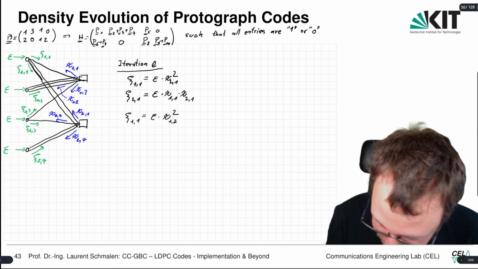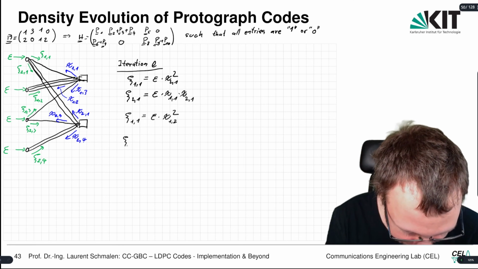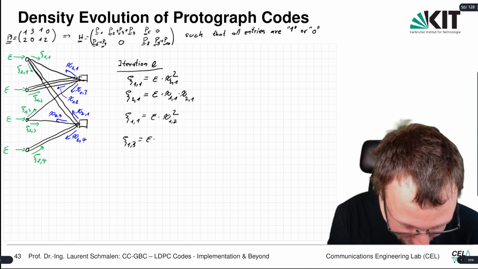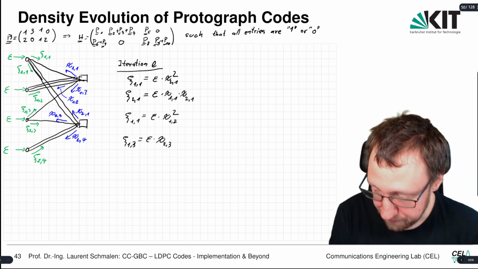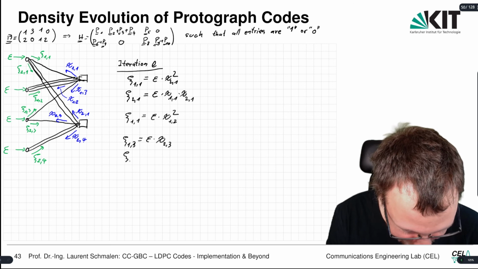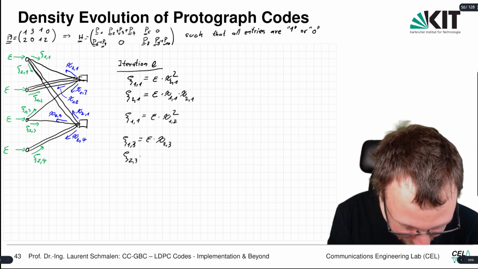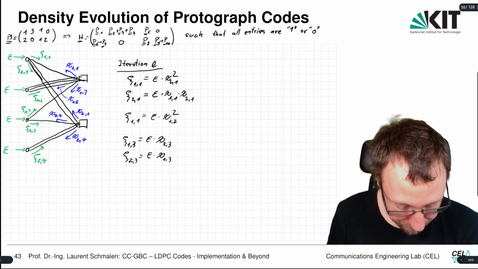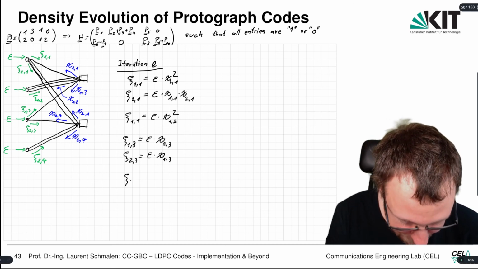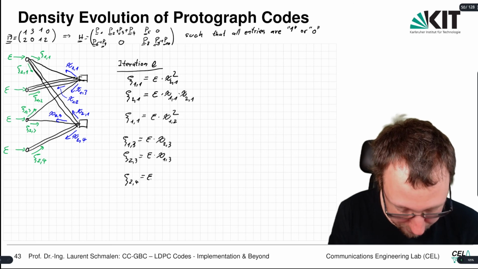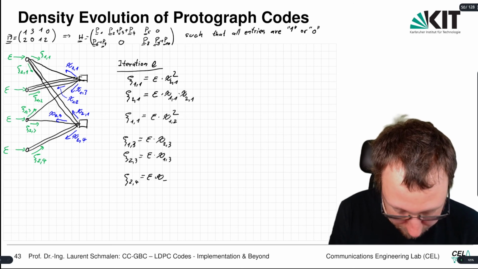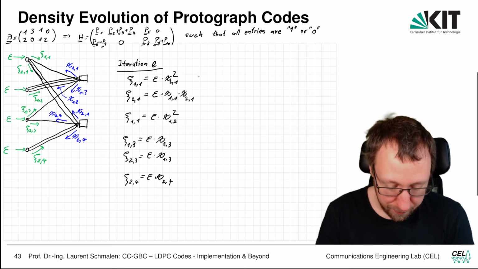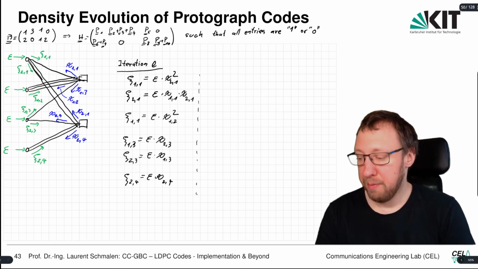Then we have C13 that is equal to epsilon times chi23. Then we have C23 that is epsilon times chi13. And then finally we have C24 that is equal to epsilon times chi24. That's what we have from the variable node side.